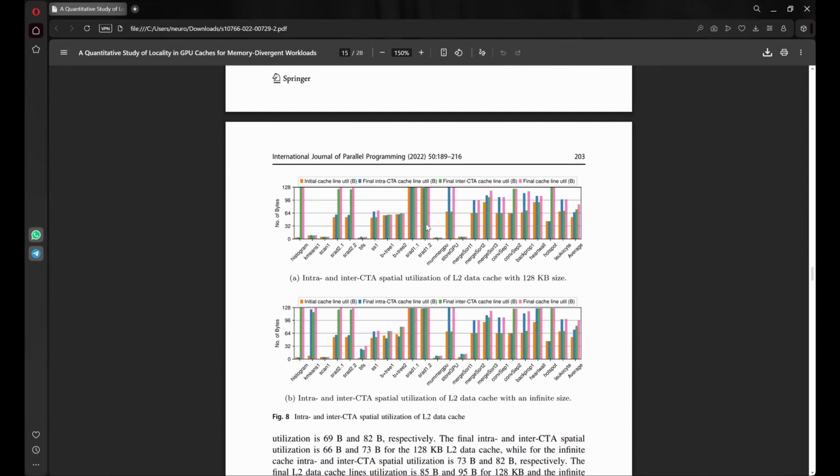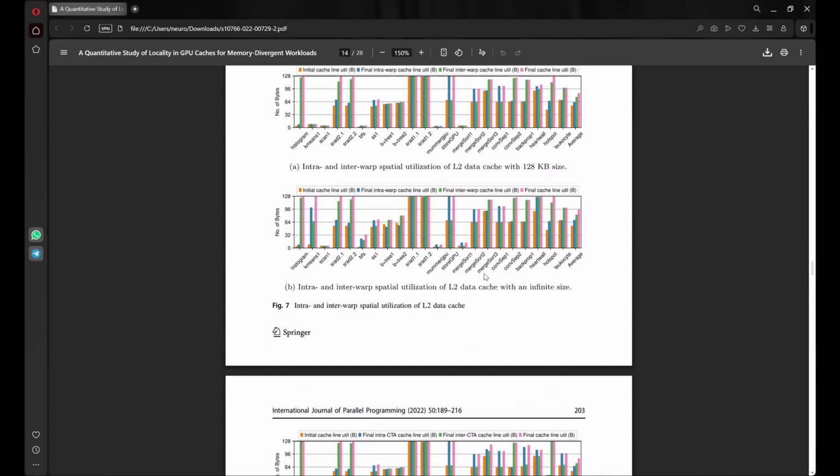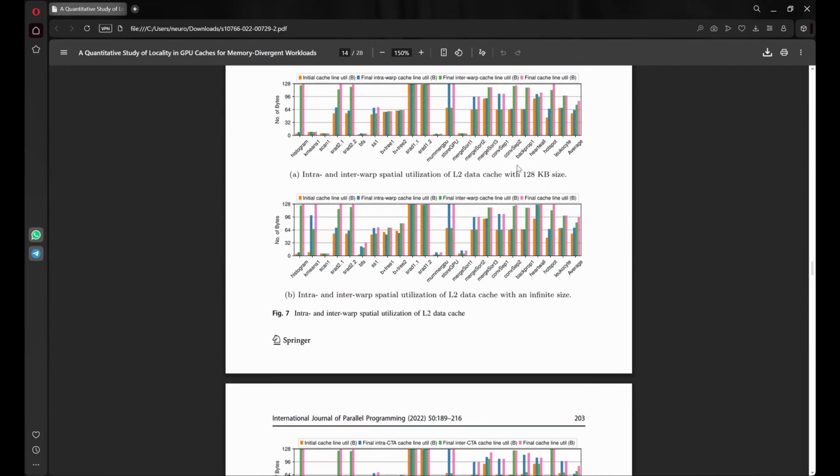But if we look at most of these graphs, in this particular experiment, I don't think the infinite size versus regular size is that important. The two metrics that we're really going to be looking at are the intra-warp and interwarp. So if we compare the green bar to the blue bar over here, we see that for most of these workloads, the green bar is usually on average a little bit more than the blue bar.